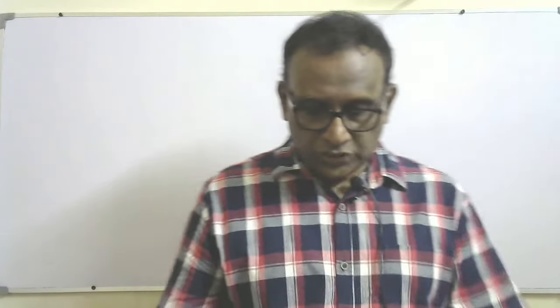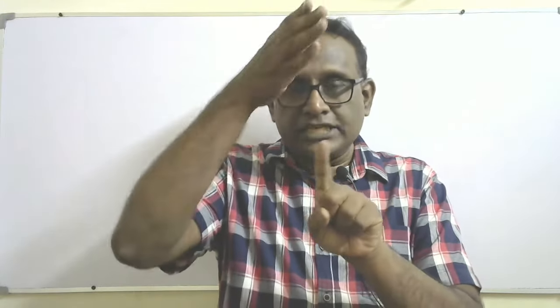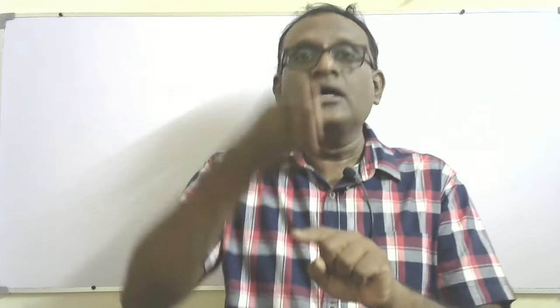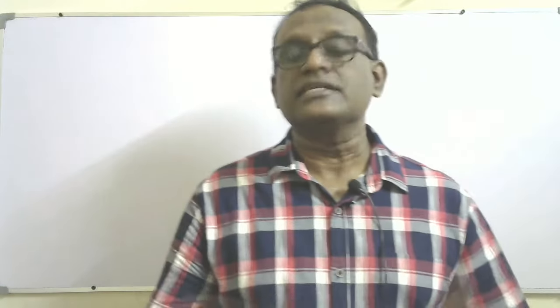Okay, so you know that there are two different types of error: systematic error and random error. Systematic error is due to a fault in the measuring instrument, something like zero error. Zero error means when the vernier caliper jaws are touching each other, the zero of the main scale and the zero of the vernier scale should align with each other. Otherwise, there is zero error. Same way for the micrometer screw gauge also.